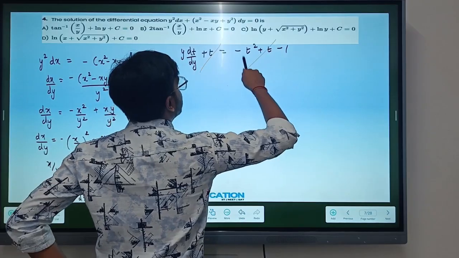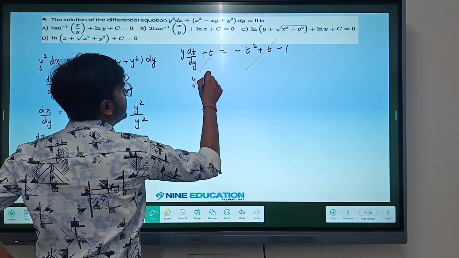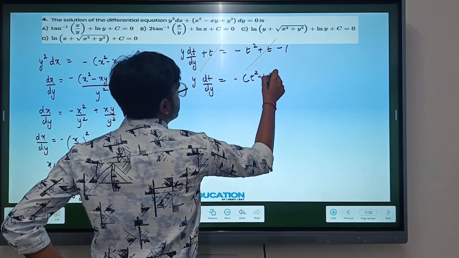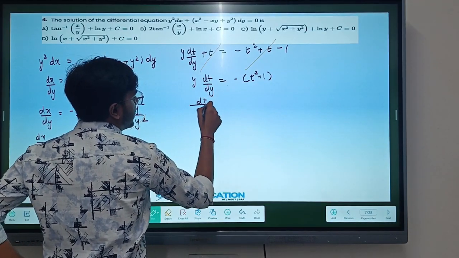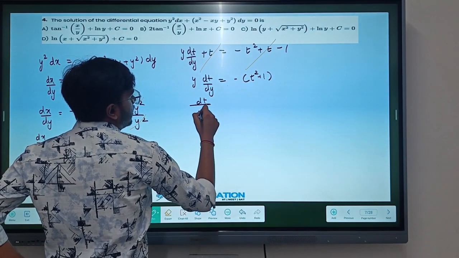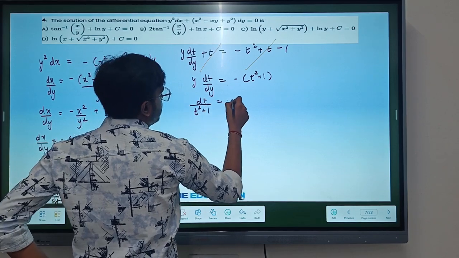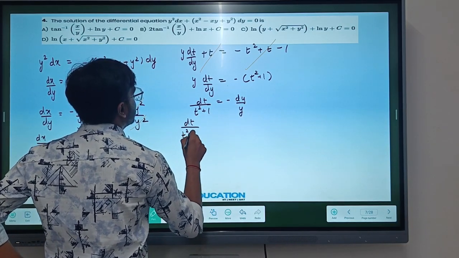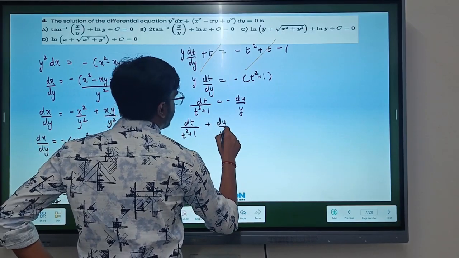So plus t cancels. So y dt by dy equal to minus of t square plus 1. Send it here: dt by t square plus 1 equal to minus dy by y. So dt by t square plus 1 plus dy by y equal to 0.